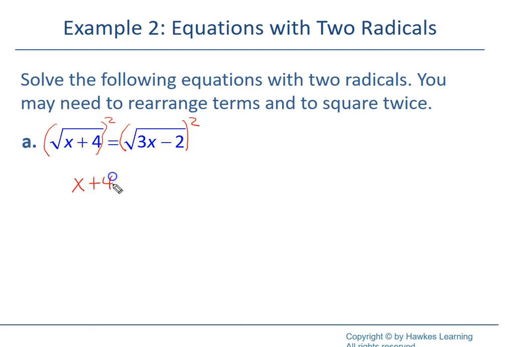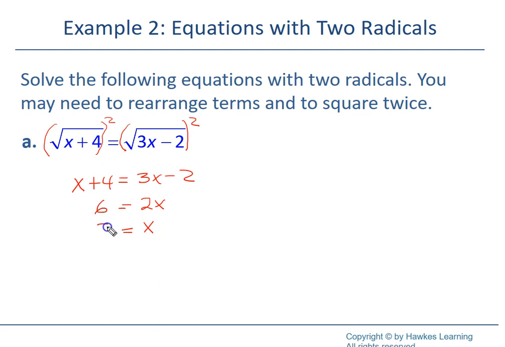X plus 4 equals 3x minus 2. So we're going to take our x to this side, subtract it or transpose it. This becomes 2x. Add 2 here or transpose it. This becomes 6. Divide both sides by 2.